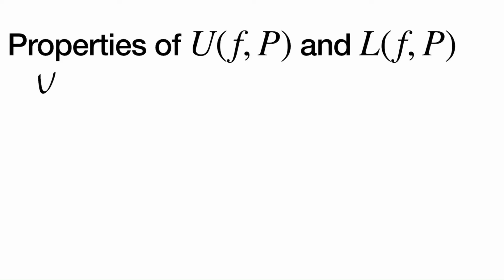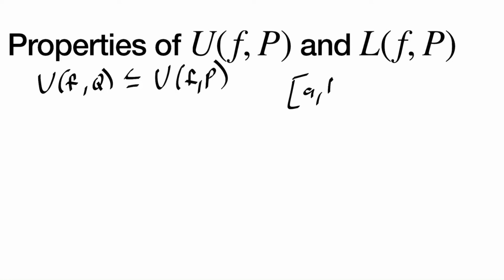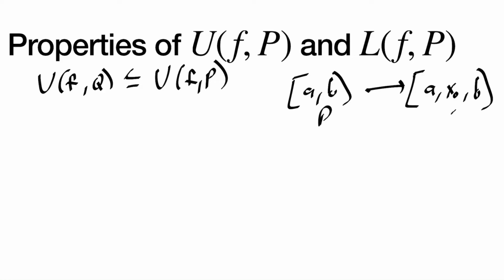Let's clear this page and talk about that question: can we prove that if you have an upper sum and you take a refinement of it, you get a number that's less than the upper sum from the original? And really the question with a refinement is what happens if you have an interval, let's just take an interval from a to b. What happens when you have that interval and you add a point in the middle of it?